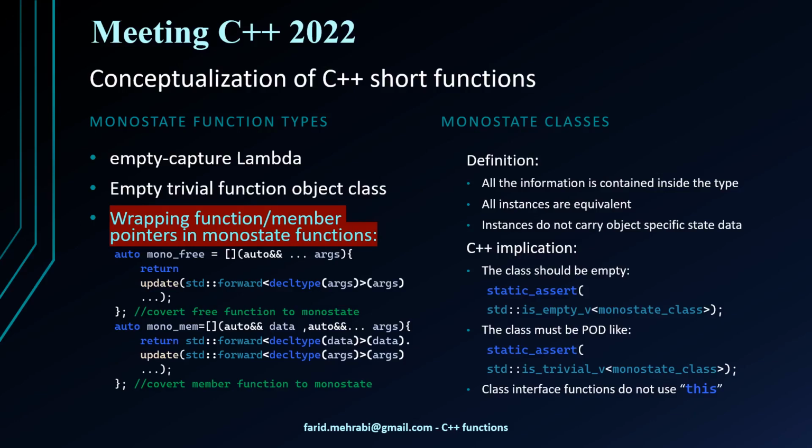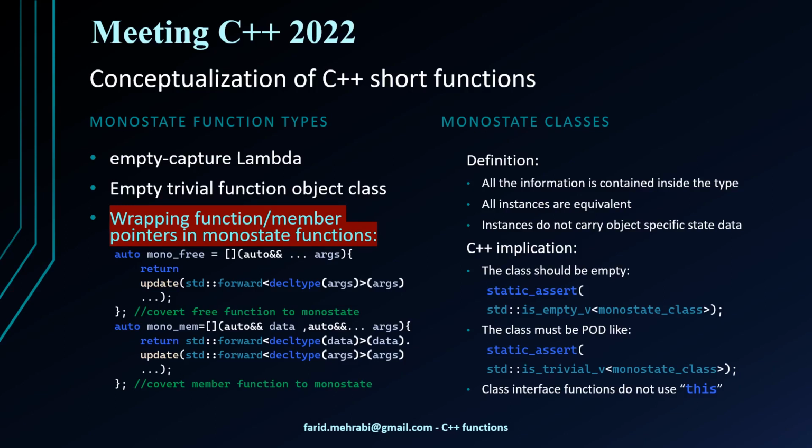Empty capture lambdas act very much like a monostate class instance. Specifically, these types of functions do not even have a this pointer to begin with. The user can also define classes which are both monostate and function object.